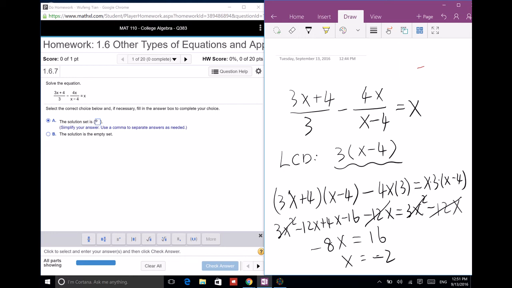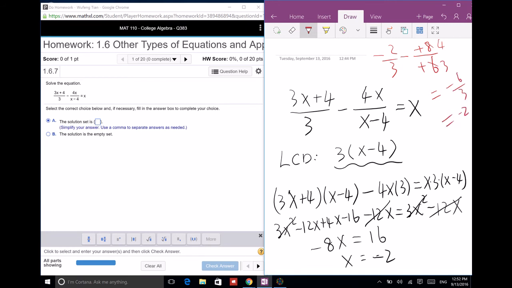Then you can check it again with negative 2. Negative 2 times 3 is negative 6. Negative 6 plus 4 is negative 2, so negative 2 over 3, minus negative 2 over negative 2 minus 4, which is negative 6. The negatives cancel out, and this reduces to negative 6 over 3, which is negative 2.